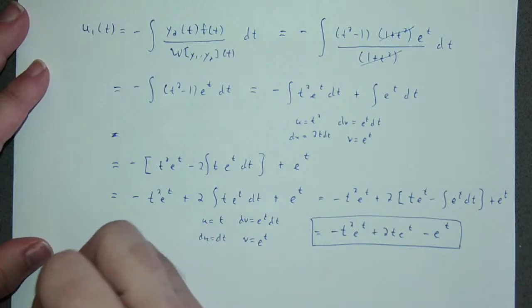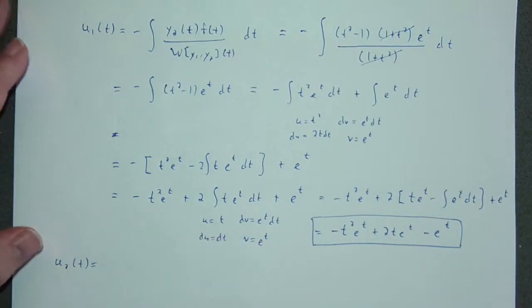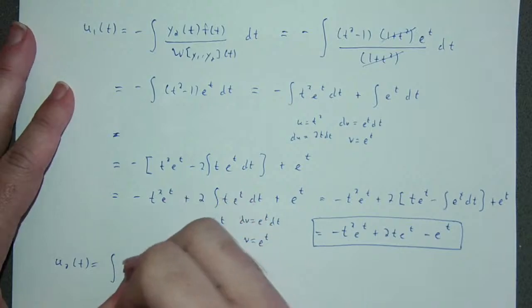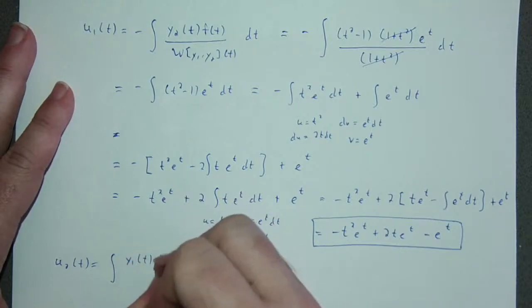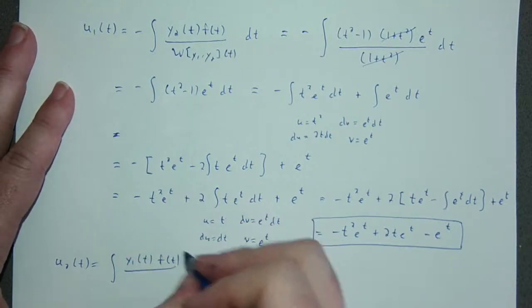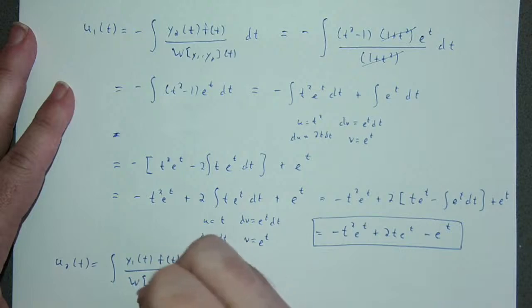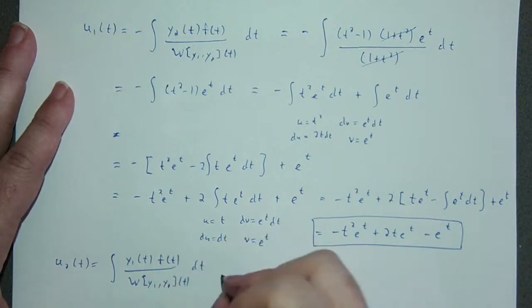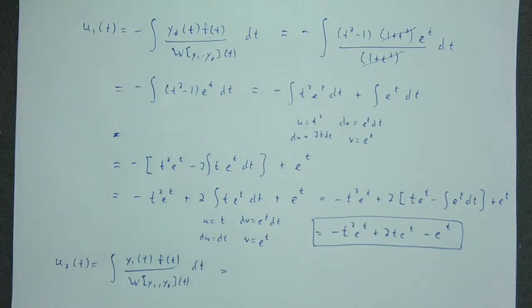What about u2? So using my formula here, this is the integral of y1 of t f of t over the Wronskian of y1, y2 dt. So y1 is just t.